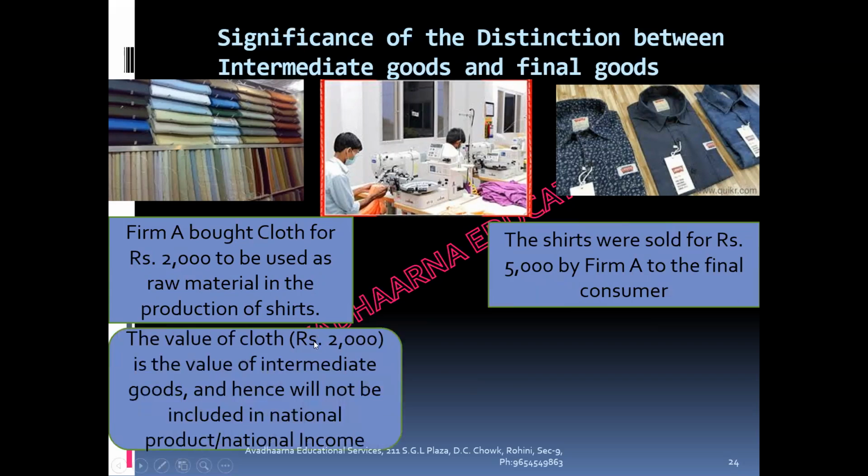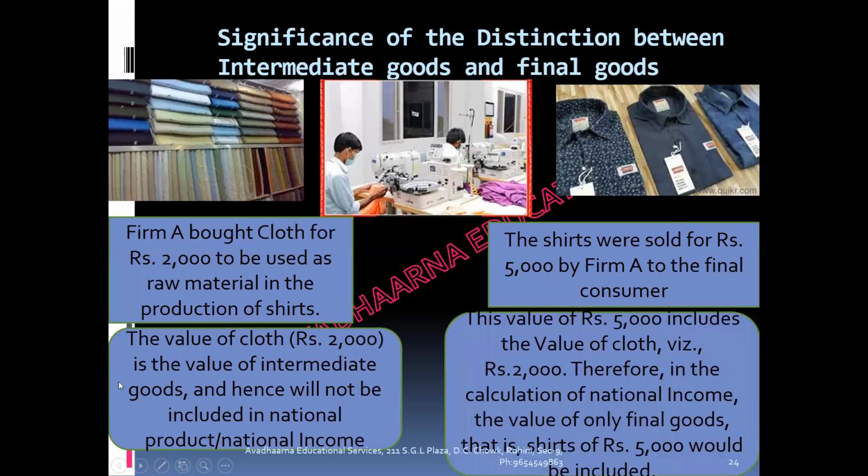The value of the cloth, 2000, is the value of the intermediate good, and hence it will not be included in the national product or national income. The value of rupees 5000 includes the value of cloth, that is rupees 2000. Therefore, in the calculation of national income, the value of only final goods, that is shirts of rupees 5000, would be included.